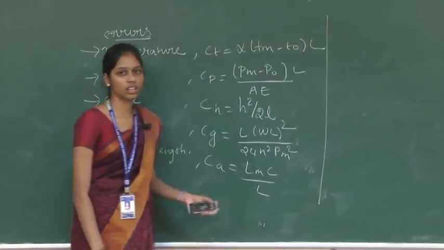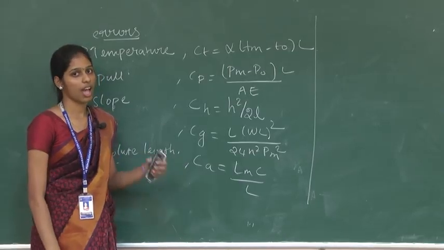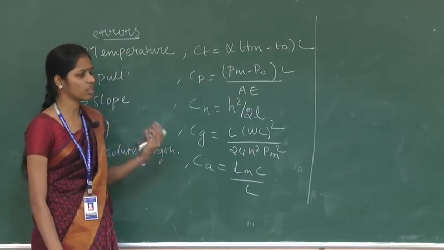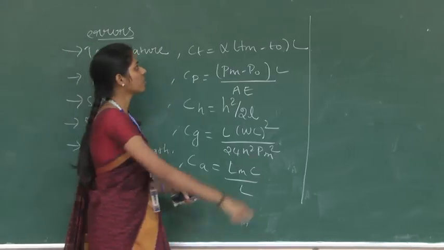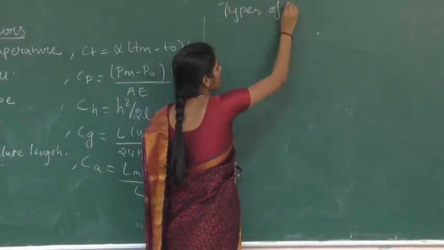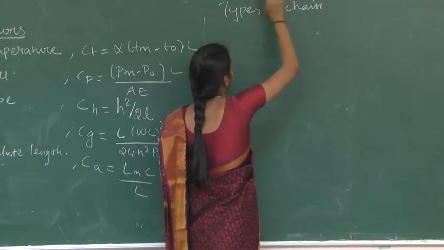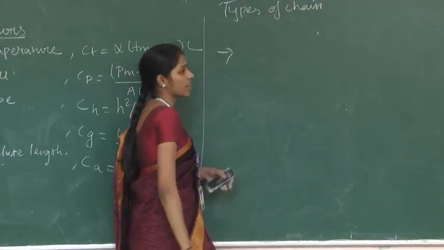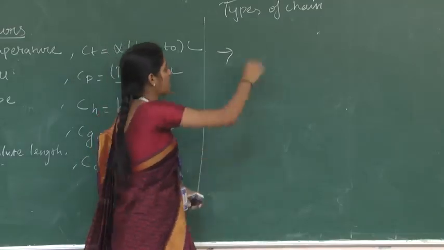So far we have seen types of chaining and what the methods of ranging are. Then we have to know about the types of chain to be used. First one, in our practice we are using the metric chain.